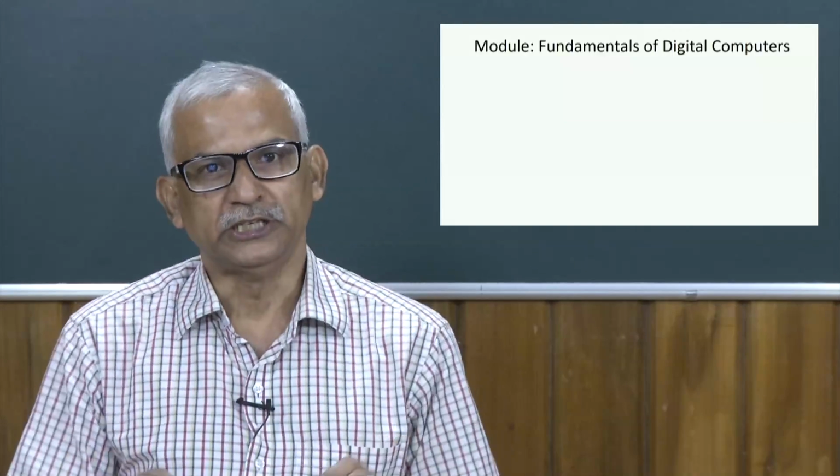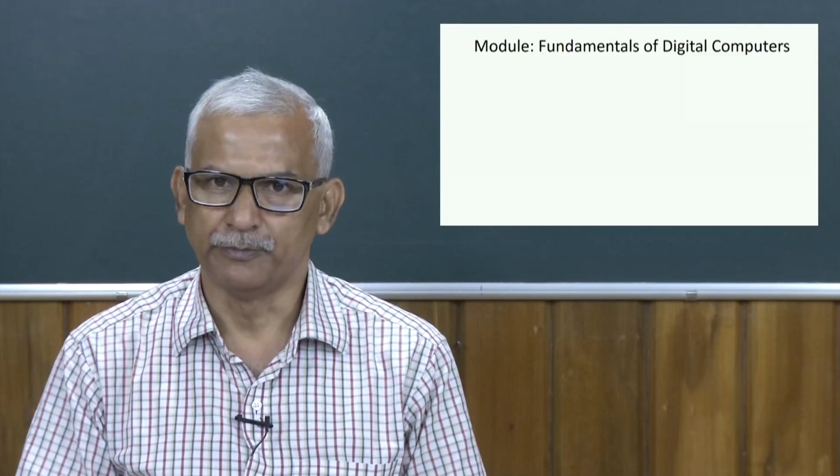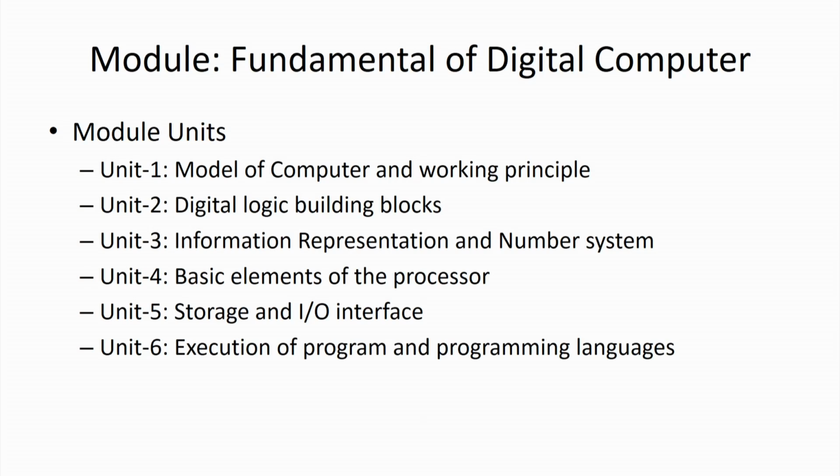Now, this unit is the last unit of this particular module, fundamentals of digital computers. That means we are coming to the end of this module. We have divided this module into 6 units. In the first unit, we talked about models of computers and working principle. We discussed how we model a computer and how the computer works.